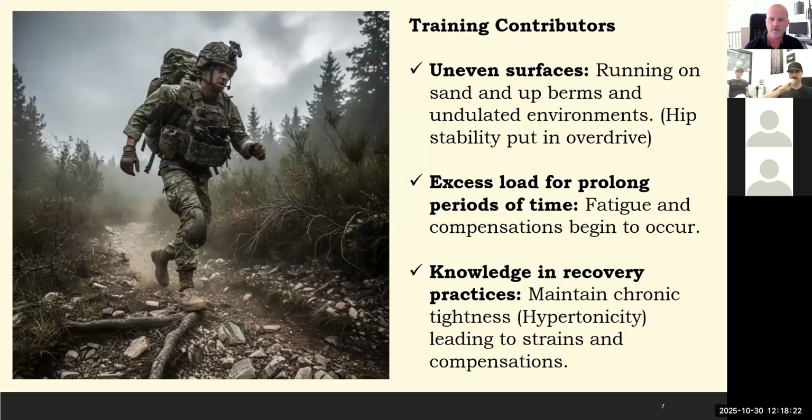So we realized that a lot of this is coming from uneven surfaces. These guys are running on the beach, they're running up berms, they're running in terrain that's uneven or undulated. So what happens is those hips are put in overdrive. They have to maintain stability. So they're overactively firing.